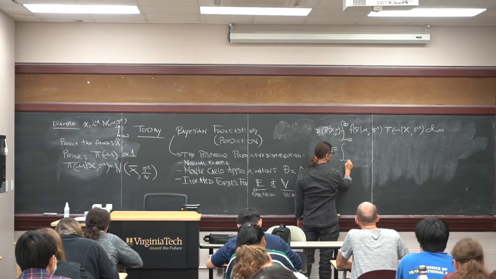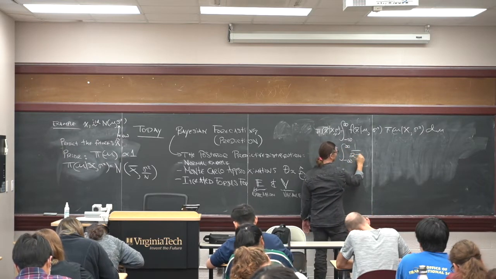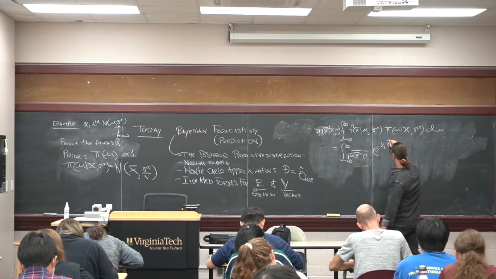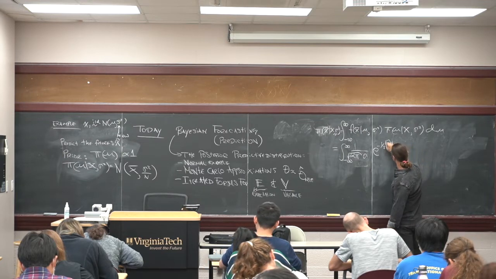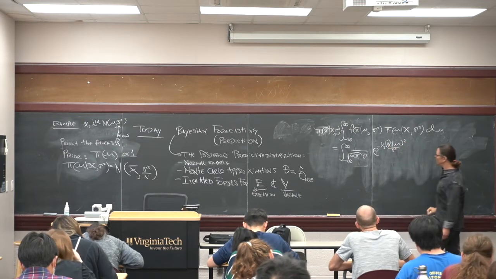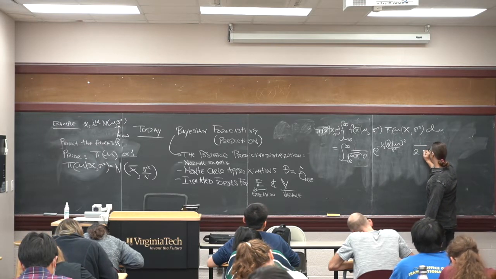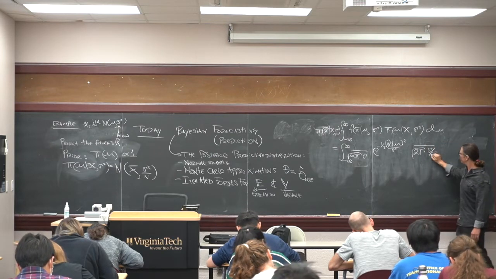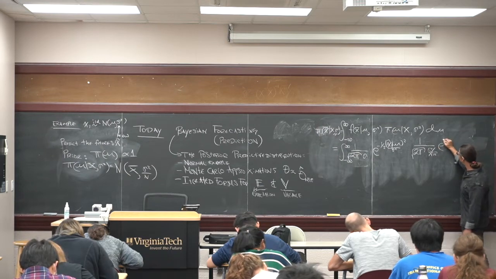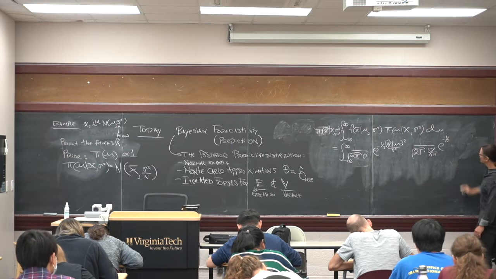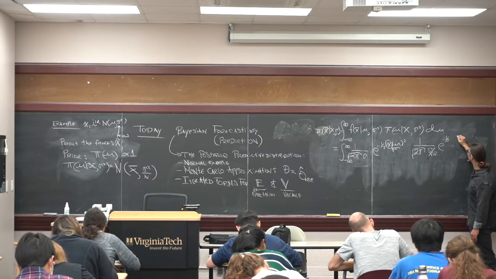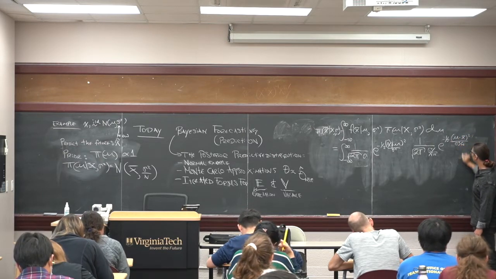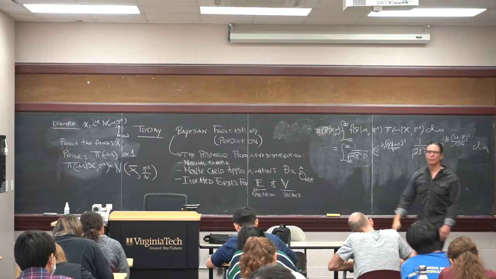And this thing is just going to be this integral: 1 over square root 2 pi sigma, e to the minus 1/2 (x tilde minus mu) squared over sigma squared, multiplied by the posterior distribution, 1 over square root 2 pi, with a sigma over root n that pops up there, e to the minus 1/2 (mu minus x bar) squared over sigma squared over n, d mu. So we'd have to do this integral.